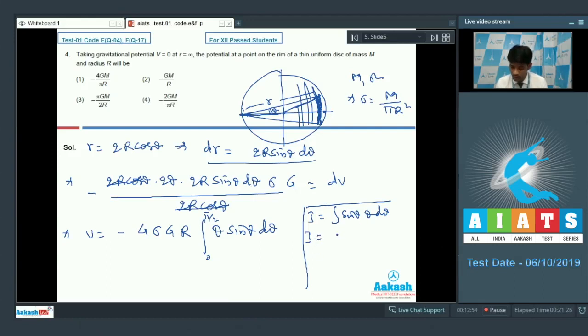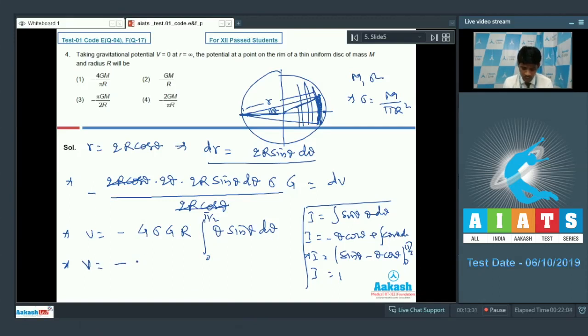I will have here theta times minus cos theta plus the integral of cos theta d theta, or it is sin theta minus theta cos theta from 0 to pi by 2. Putting the value pi by 2 here, I'll be getting 1, putting the value 0, so I is equal to 1.